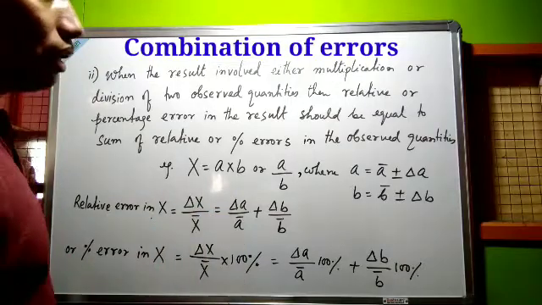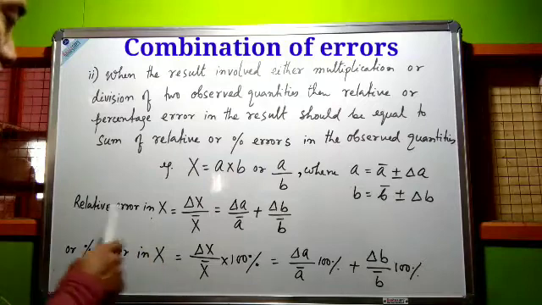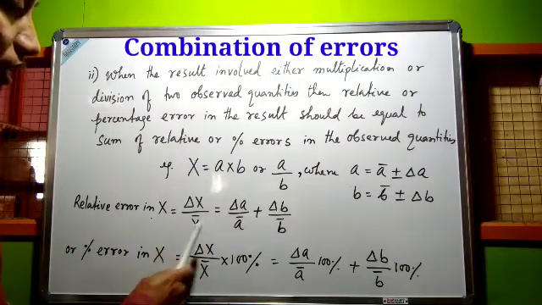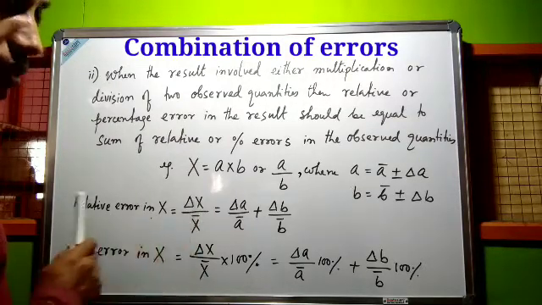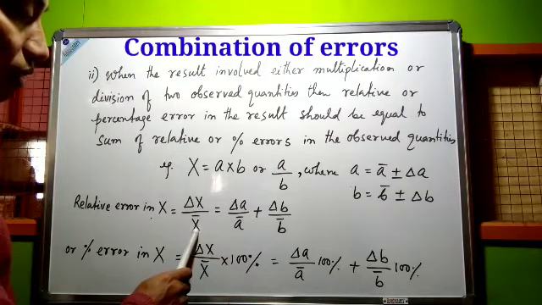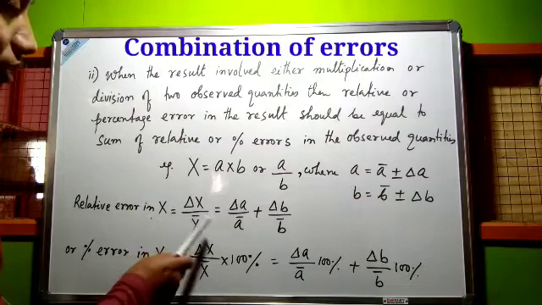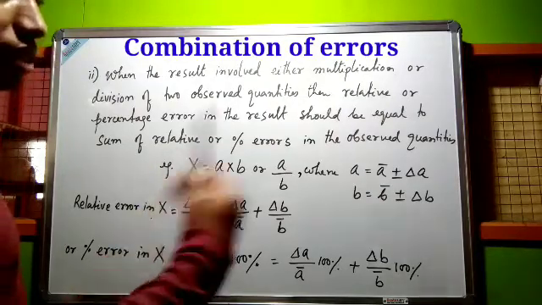The relative error in x is generally denoted by delta x by x bar, where delta x represents the absolute error in x and x bar represents the true value of x. Relative error is absolute error divided by the true value, as we discussed in the last class.